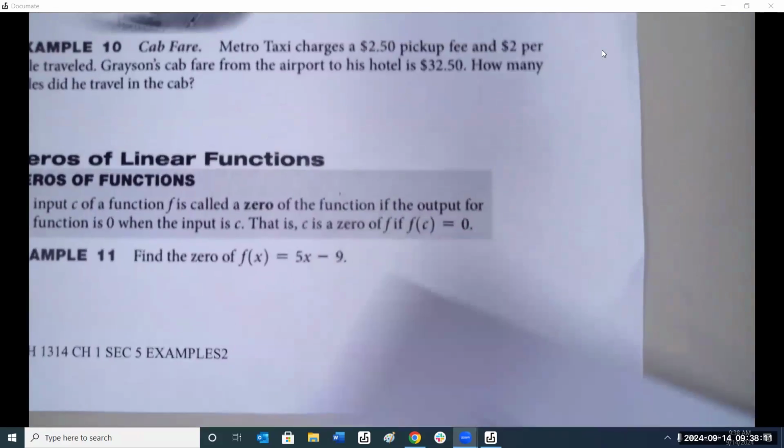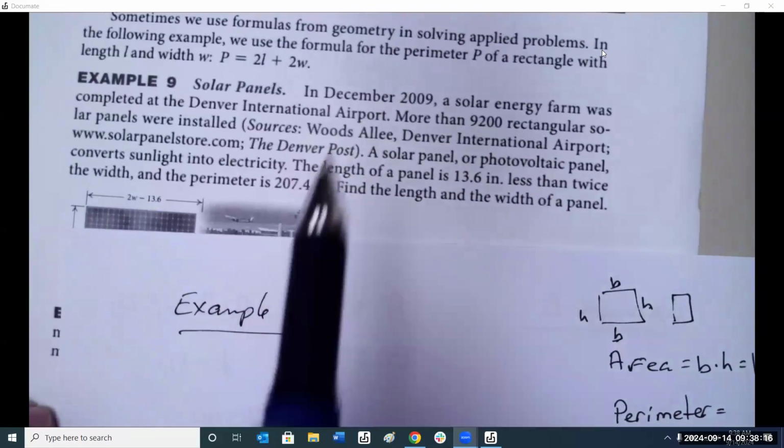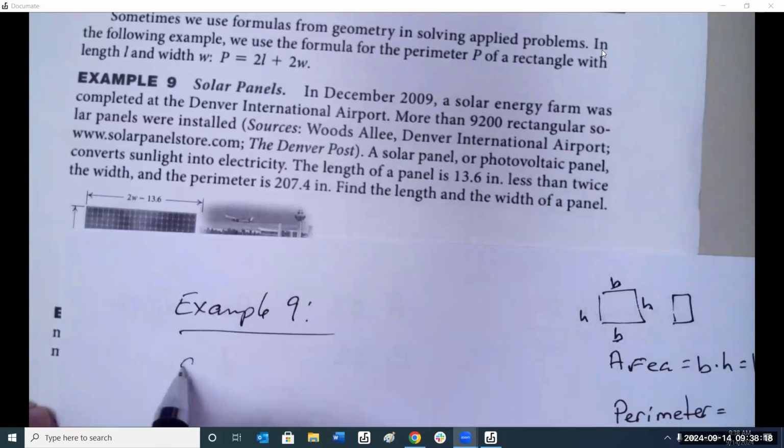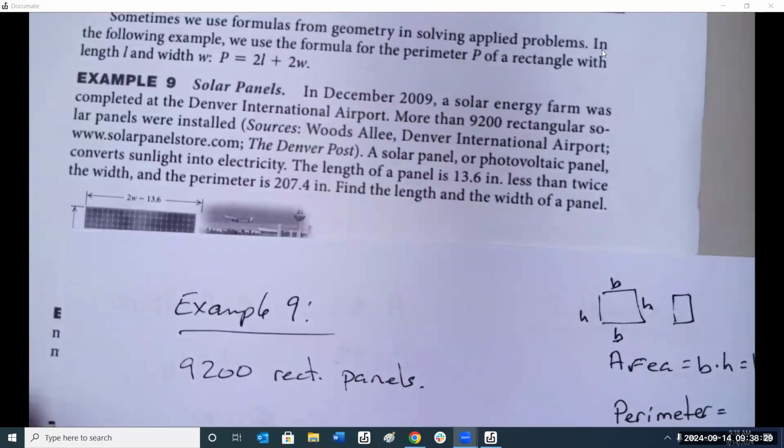All right, so let's see what we have here. What does it tell us? More than 9,200 rectangular panels were installed.